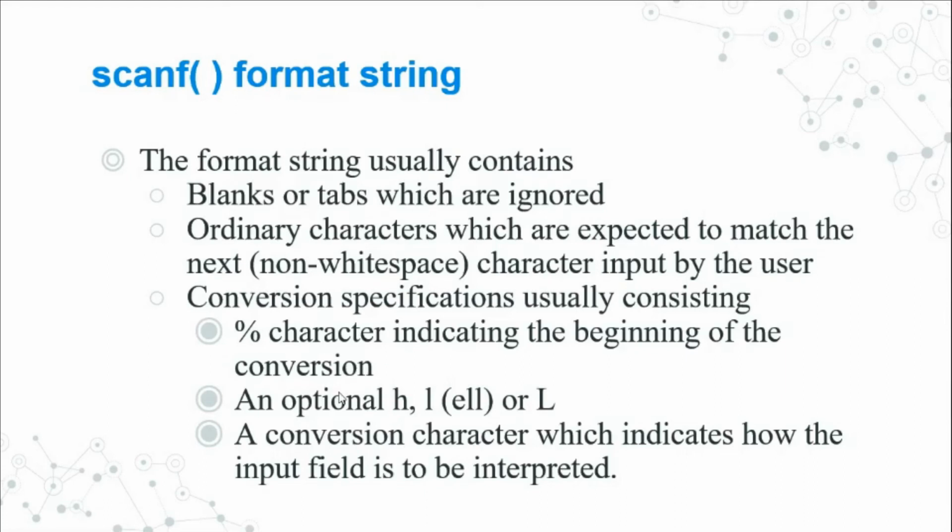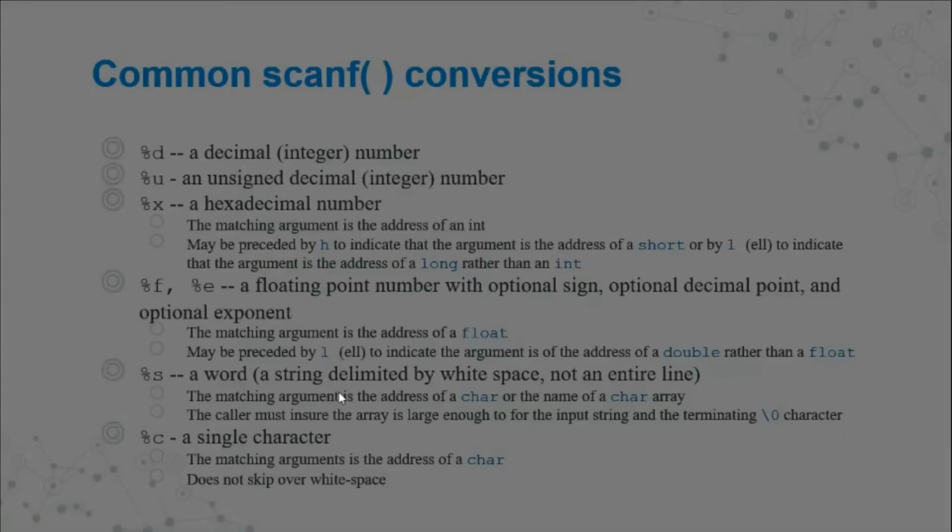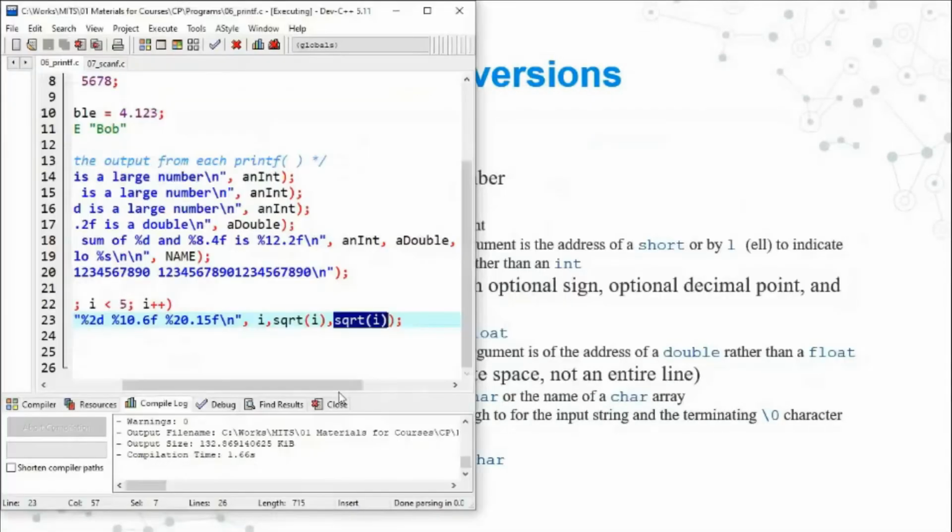Then the conversion specifications usually consist of the percentage character, as in the conversion specifier we used in the printf statement, at the beginning of the conversion, an optional H or L, and a conversion character which indicates how the input field is to be interpreted. The common scanf conversion characters are the same as in the case of the printf statements. So let's see how this scanf works using an example.